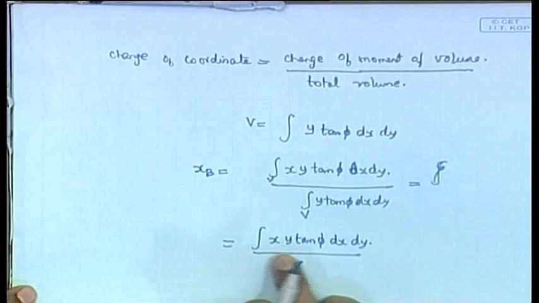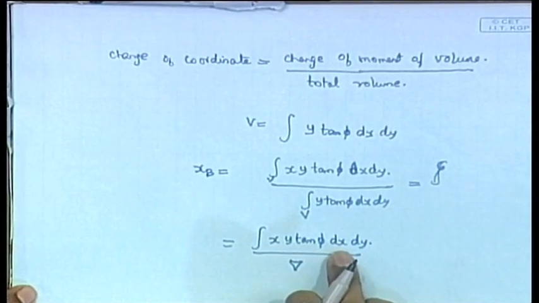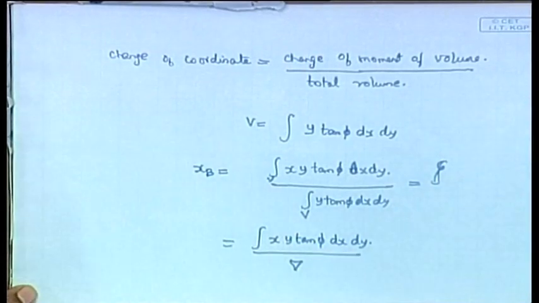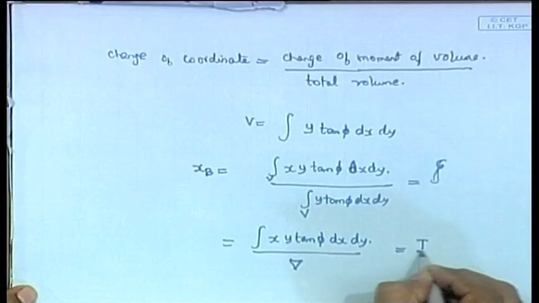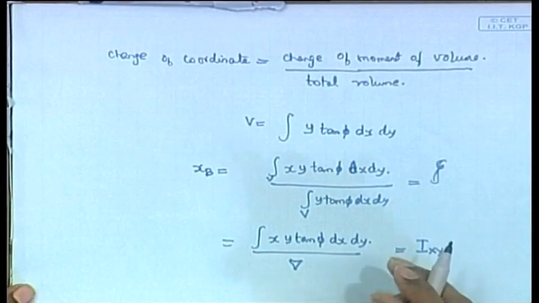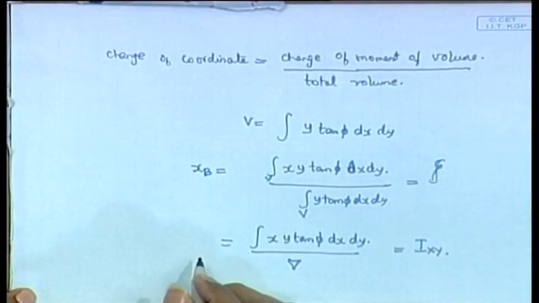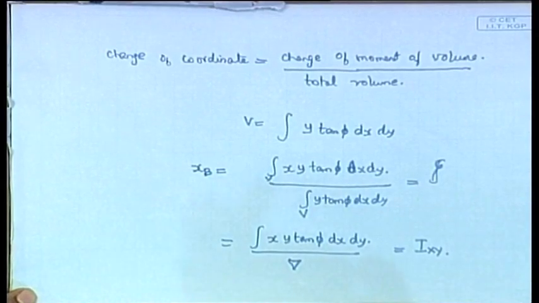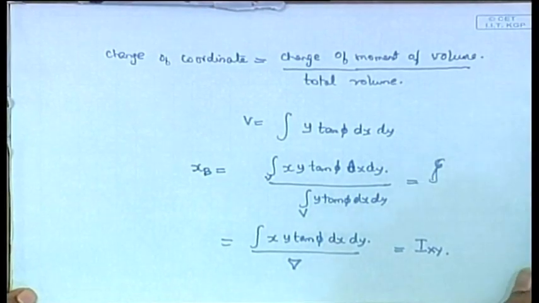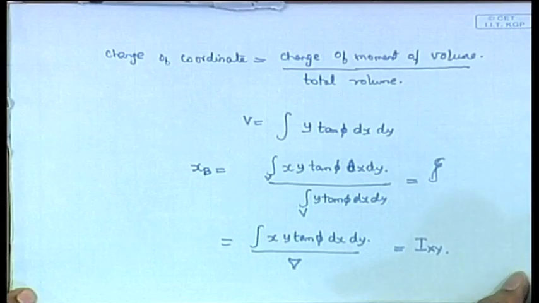Now, this thing at the numerator, x y tan phi dx dy, is a moment of volume. X into volume, the integral of x into volume, we write it as Ixy, and it is called a moment of inertia. I think you have done moment of inertia, no? I cannot remember the exact definition for the moment of inertia.